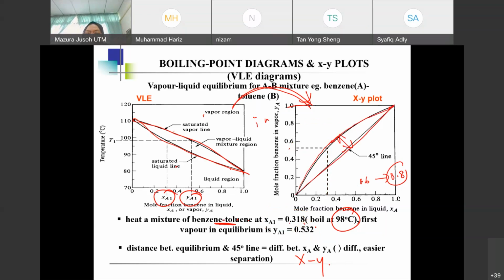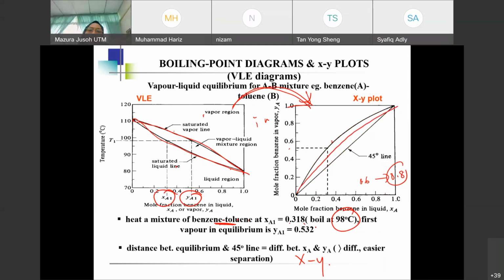The bigger the difference, the easier the separation. Which means the bigger the distance between the 45-degree line and the equilibrium line, the easier the separation. If the lines are close to each other, skinny like this, then the separation is going to be quite difficult.